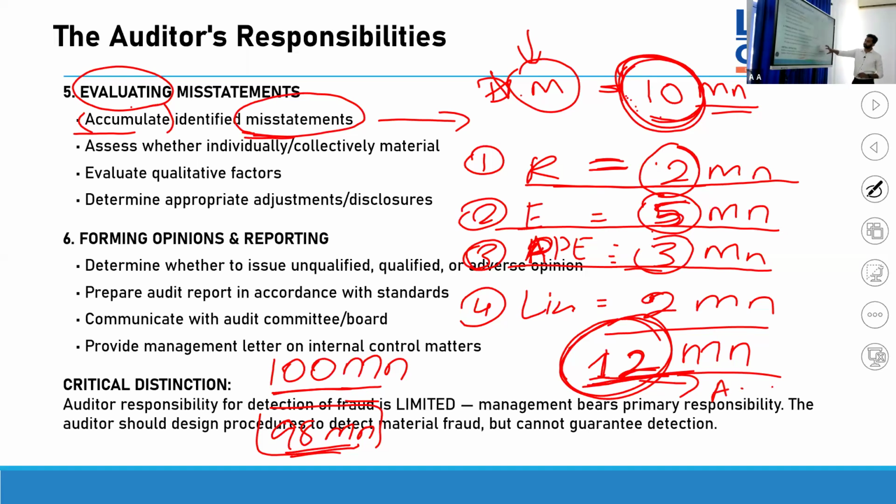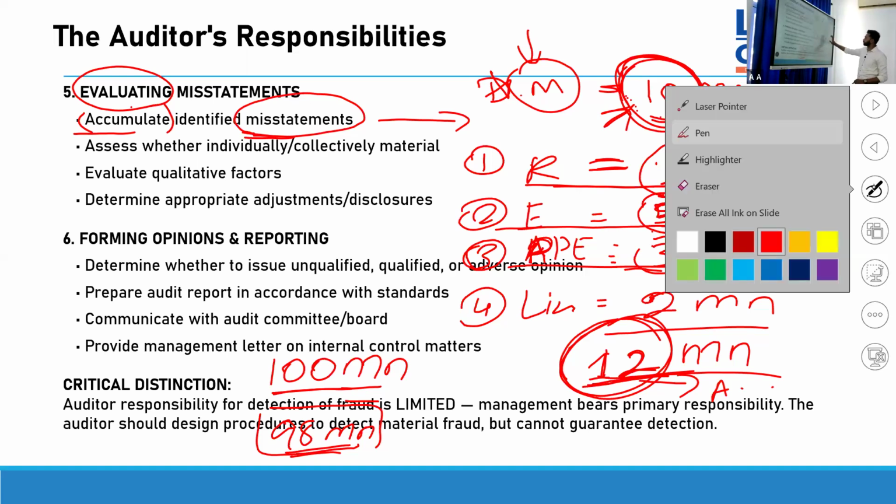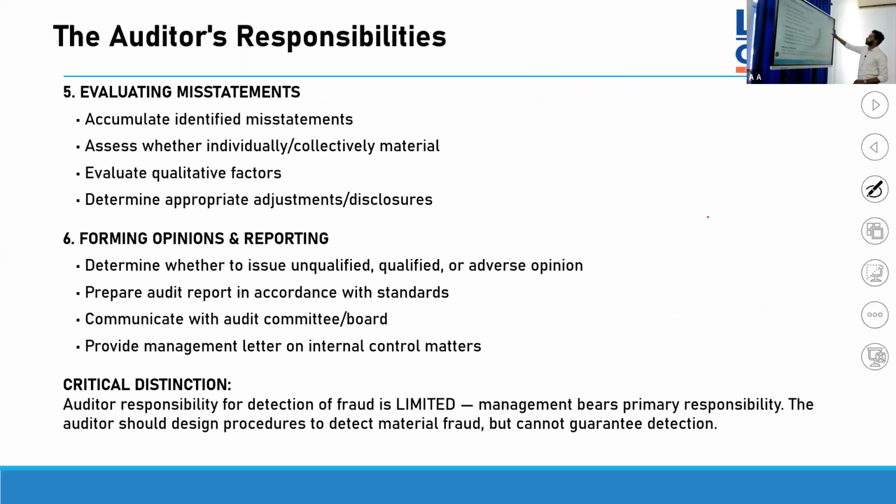If we can reduce this misstatement below this 10 million, then we can provide the clean opinion, right? Hope you got this. Is that clear, Lakshani? Not only Lakshani, others also, please let me know. Is that thing clear?